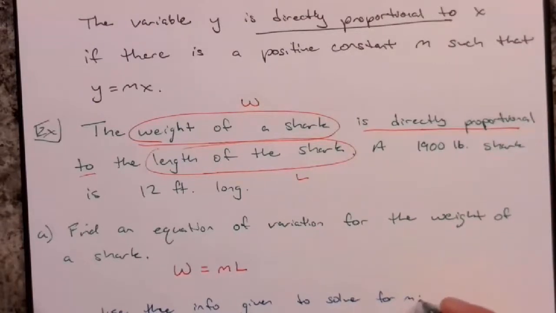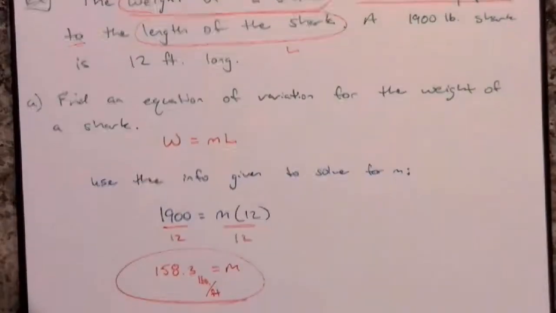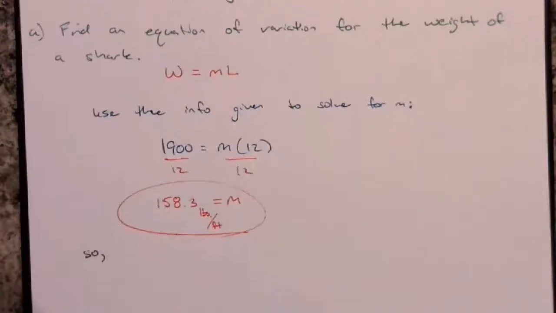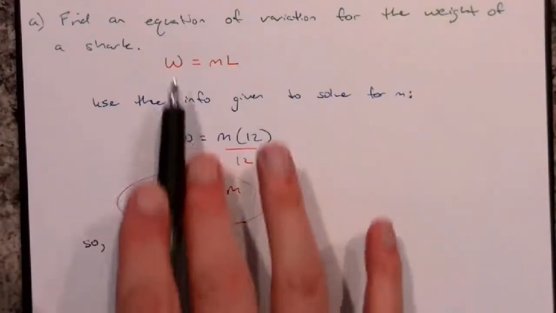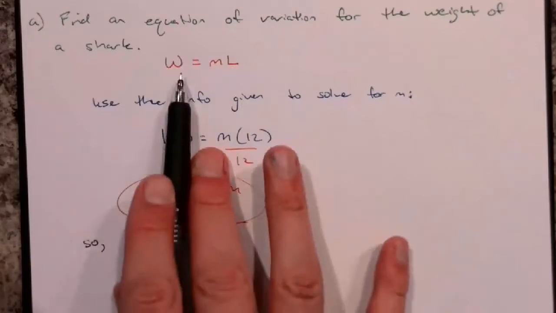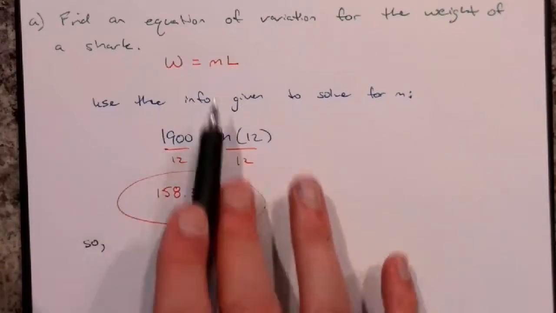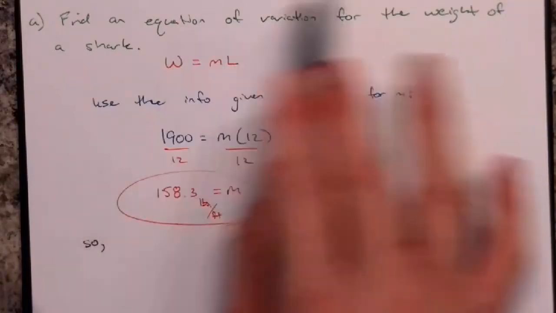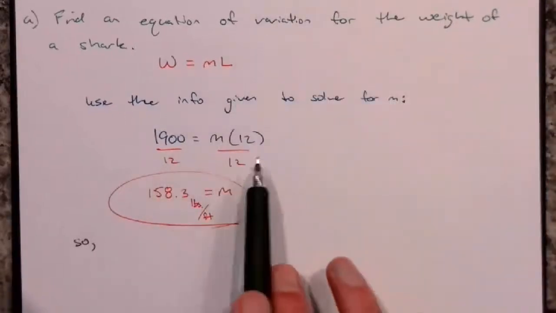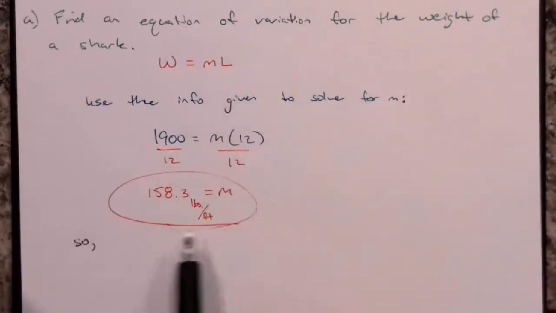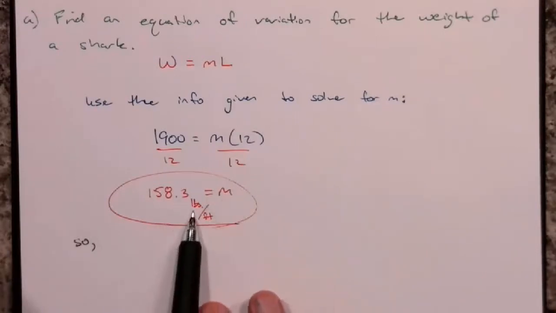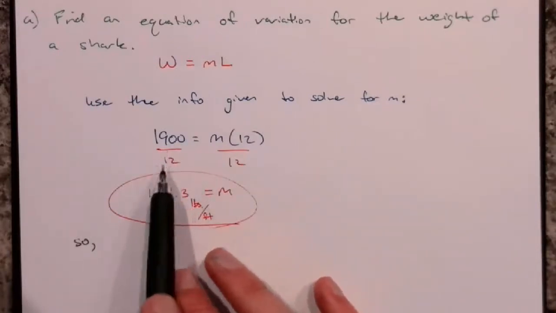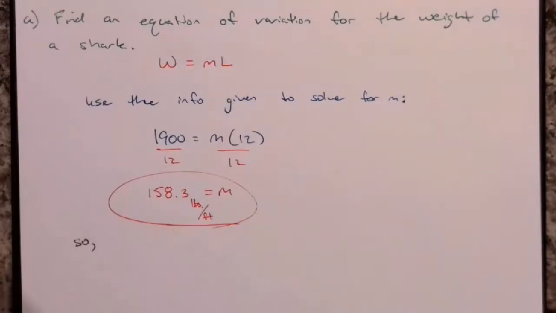So what we did here, I think I lost it on the video, is I said we're going to sub in for the weight, 1900, and then m stays m, and then L is 12. We're using the specific condition we know. And we divide both sides by 12, and that's how we got 158.3 is equal to m. Now remember, that's pounds per foot because of the units of the 1900 over the units of the 12.